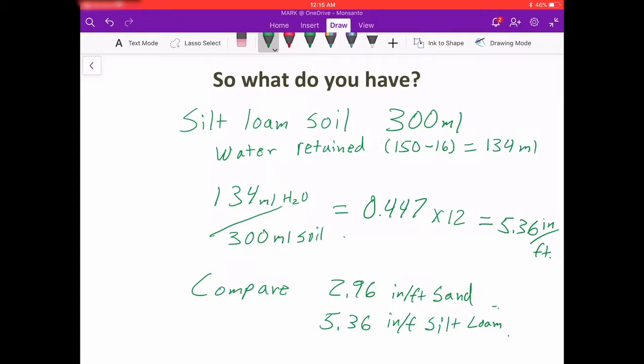On the other hand, when you look at a silt loam soil, you can see a pretty dramatic difference. It retained about 134 milliliters of the 150 milliliters of water, and you end up with a soil-water relationship there of about 5.36 inches of water per foot of soil.